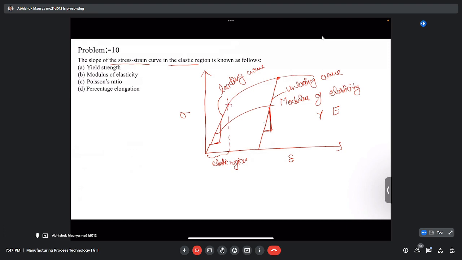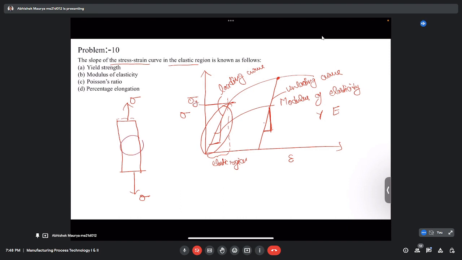Let's quickly see what is happening in this region. I took a material and started applying some load sigma, and because of this load, the material will deform a little bit. If this load is less than the yield stress sigma y, then the material will regain its shape.